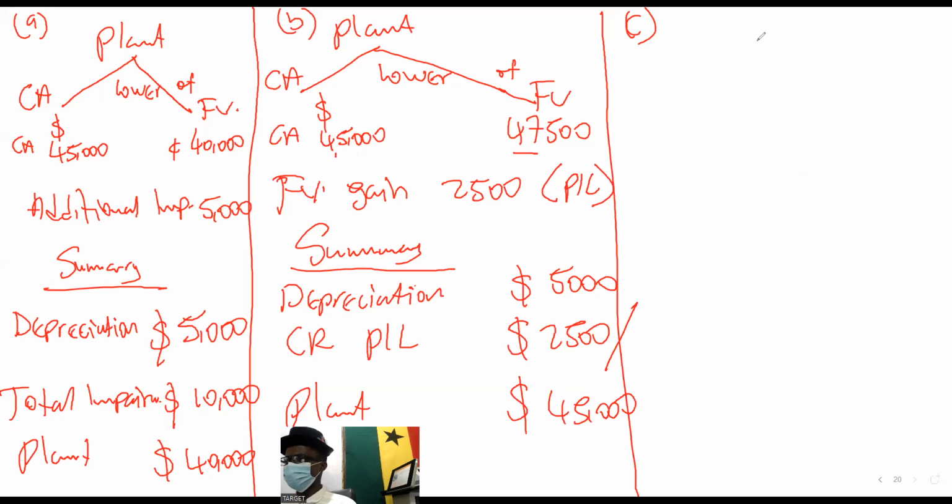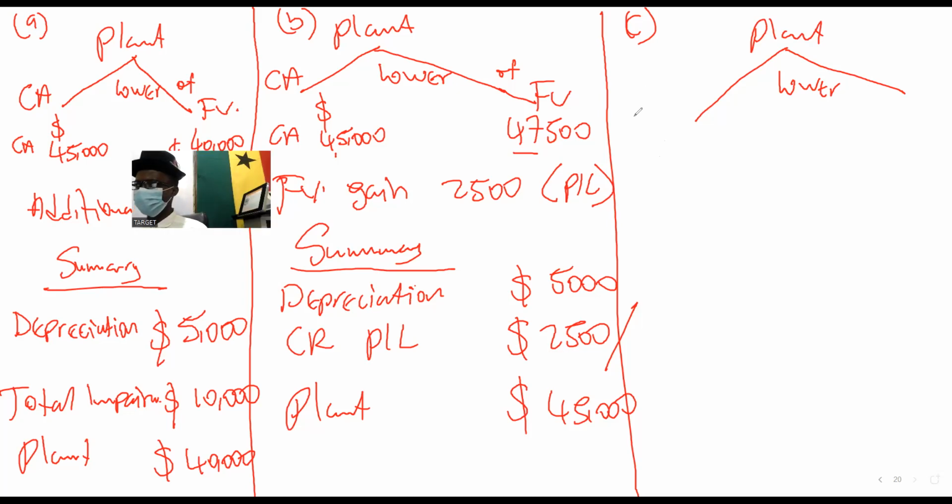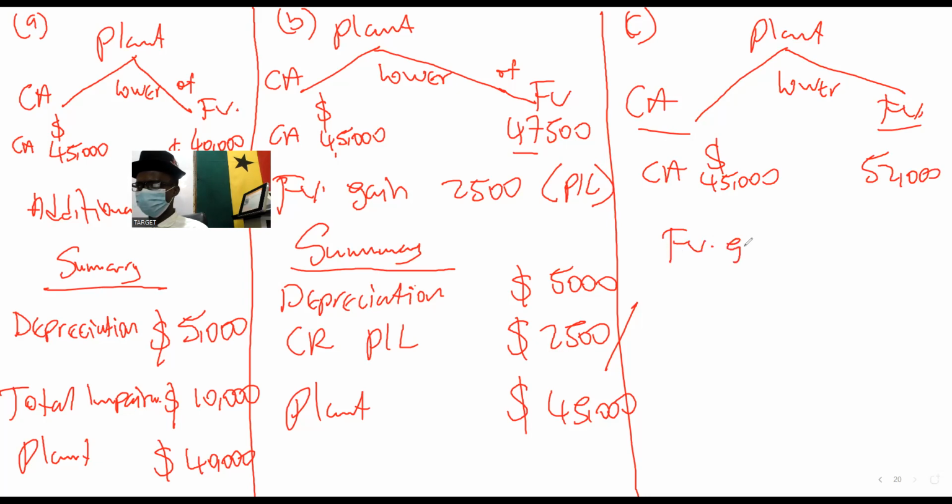Over here, we are still recording the plant at the lower of carrying amount and fair value less cost to sell. So here, the carrying amount is still $45,000. But here the fair value less cost to sell is $52,000. So there's a fair value gain of what? $7,000.